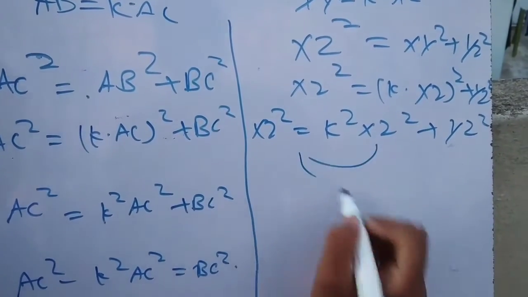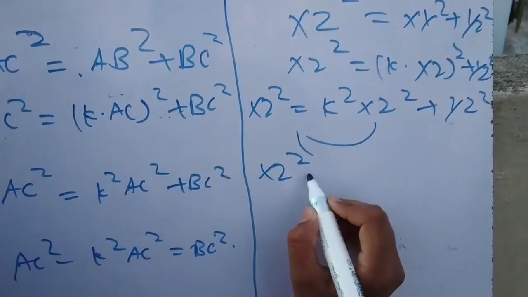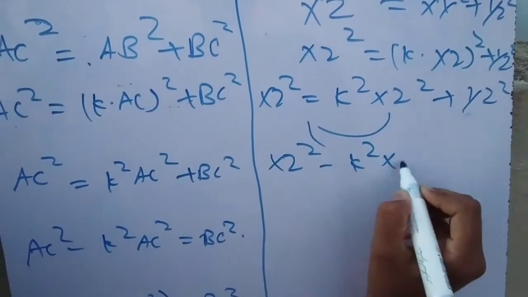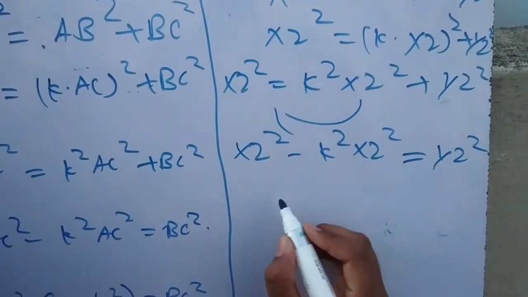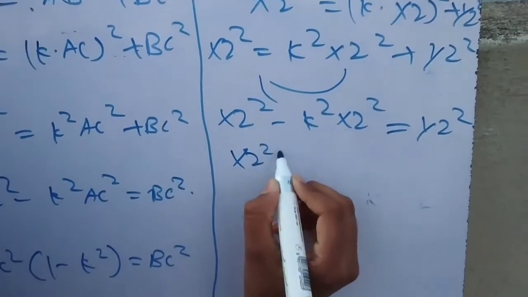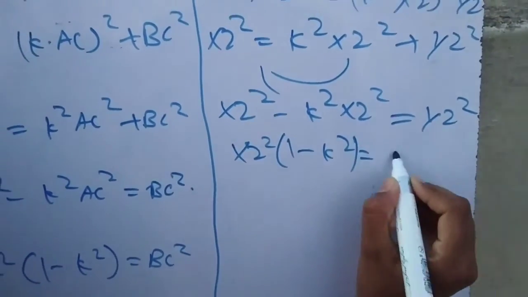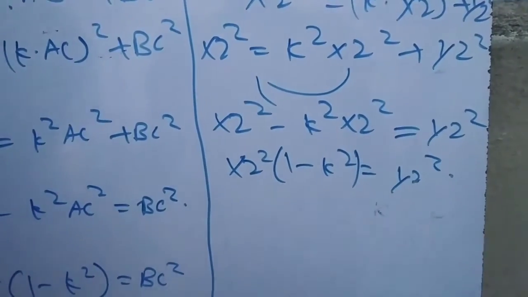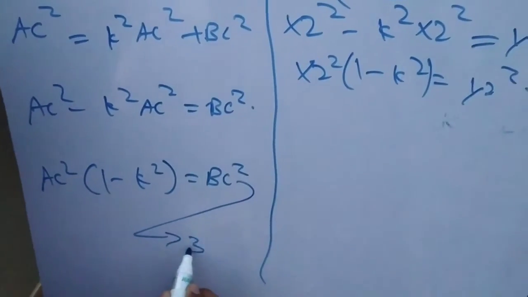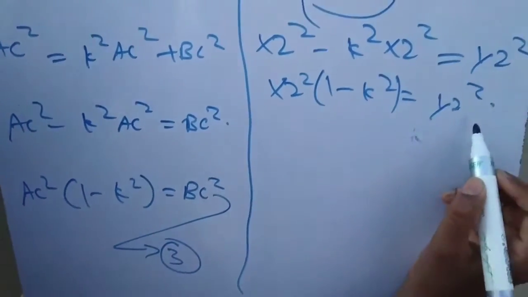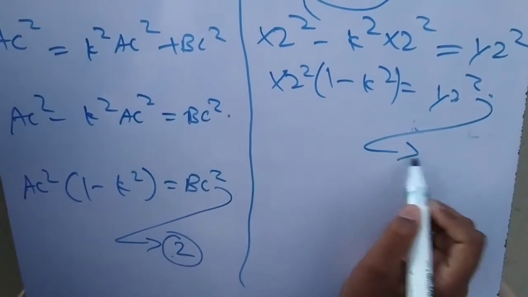Let's transpose K square XZ square to this side. XZ square minus K square XZ square is equal to YZ square. Let's take XZ square common. XZ square of 1 minus K square is equal to YZ square. So the first is going to be 2, and this is going to be 3.